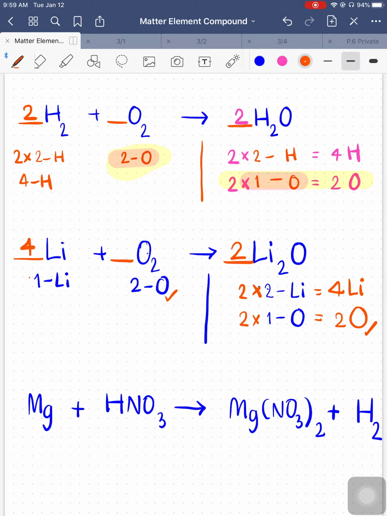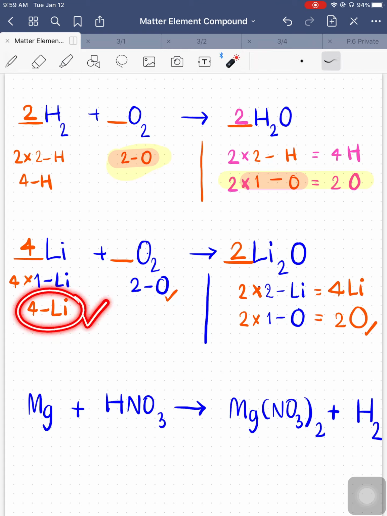It will be 4 lithium. So this one 4. That's 2 and that's 2. It's balanced. Oh my goodness, people. We should do this.